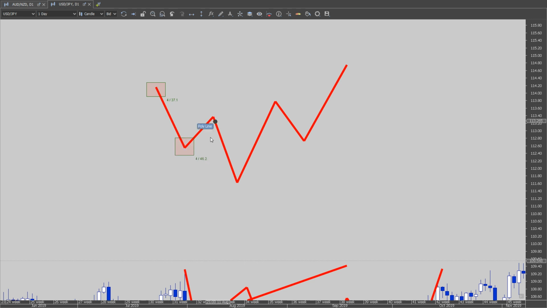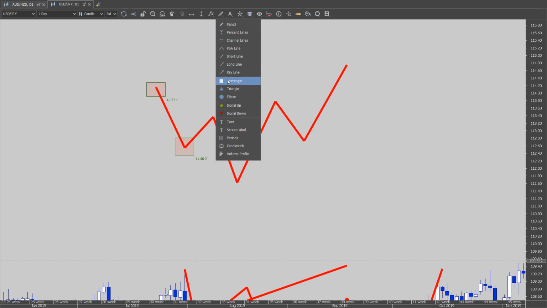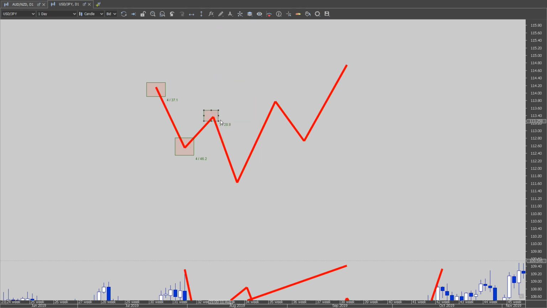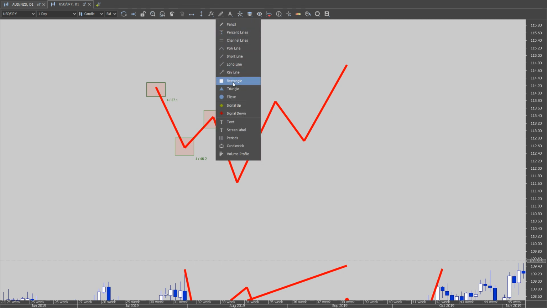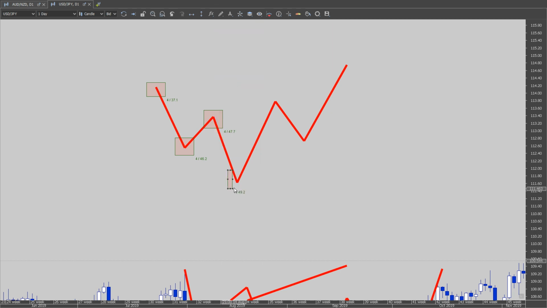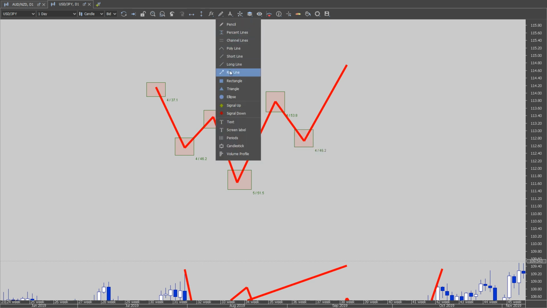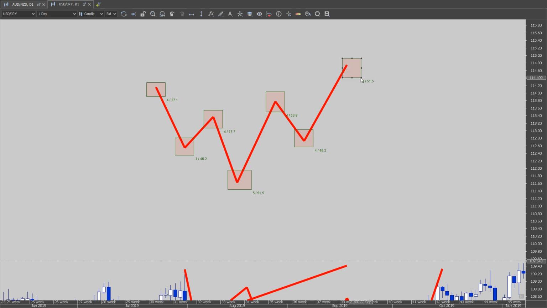This must be a low, center candle, 2 candles on the left, 2 candles on the right. This must be a high, 2 candles on the left, 2 candles on the right, and a center candle. This must also be a low, center candle, 2 candles on the left, 2 candles on the right. Now this must be a high, and this must be a low, and in the end this must be another high.